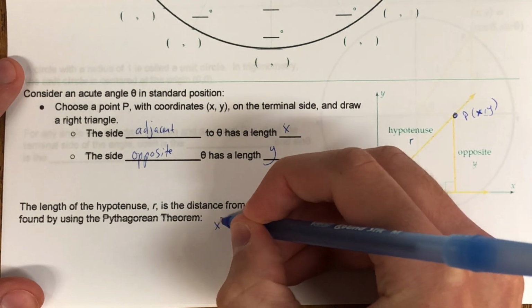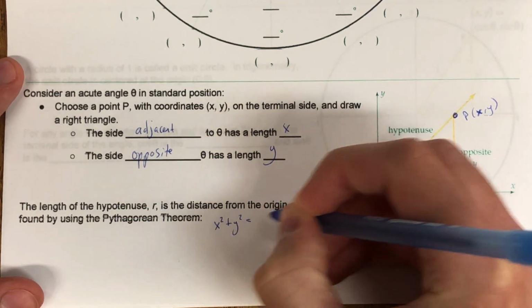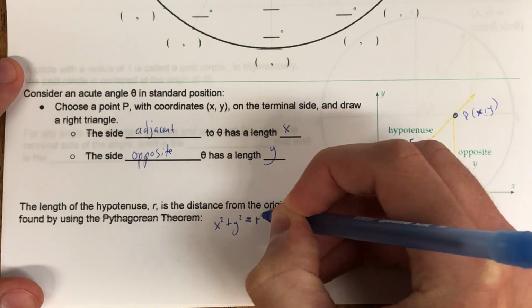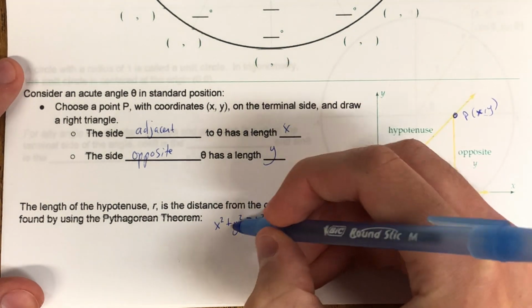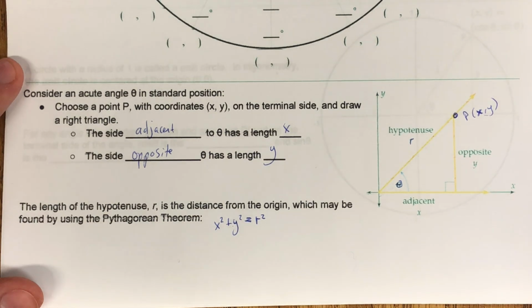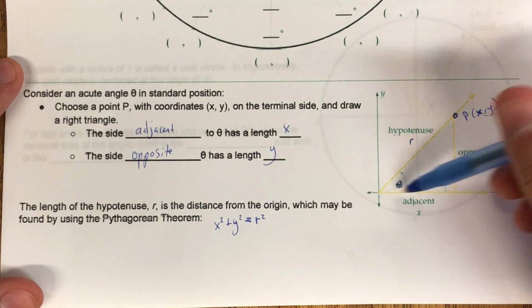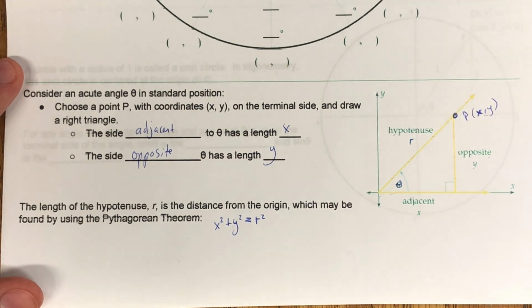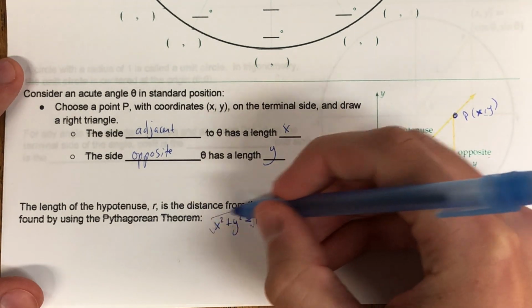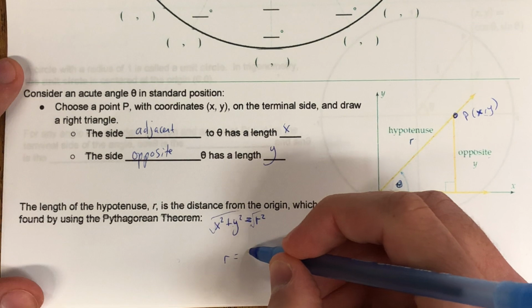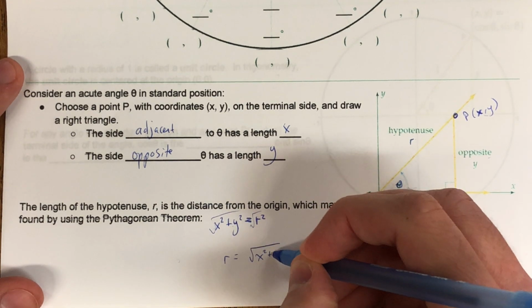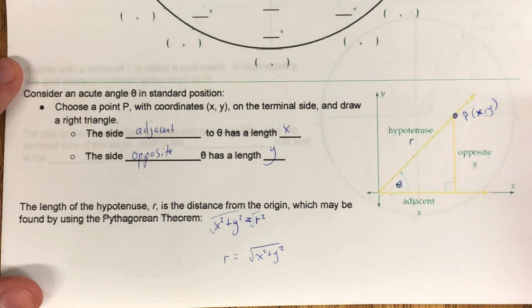Remember, a squared plus b squared is c squared. In this case, it'd be x squared plus y squared is r squared, where a and b represent your sides and c represents your hypotenuse. Then we figure out that distance by taking the square root, so r equals the square root of x squared plus y squared.